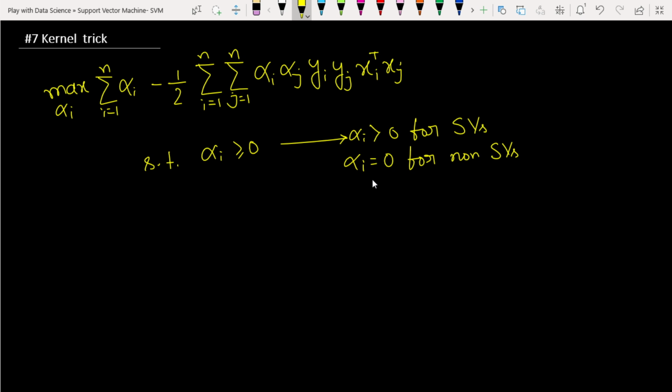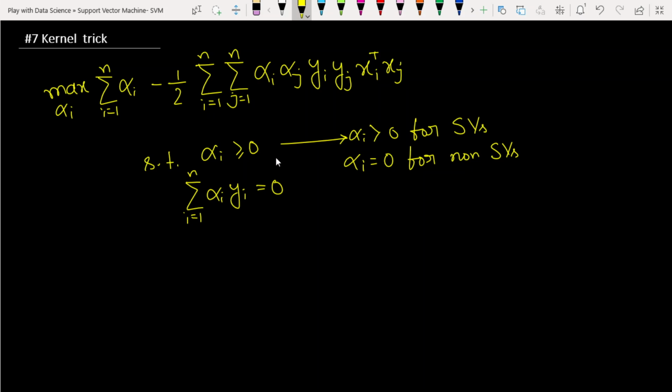And we also have one more constraint: the sum over i equals 1 to n of alpha_i y_i is equal to 0. This is our dual problem.